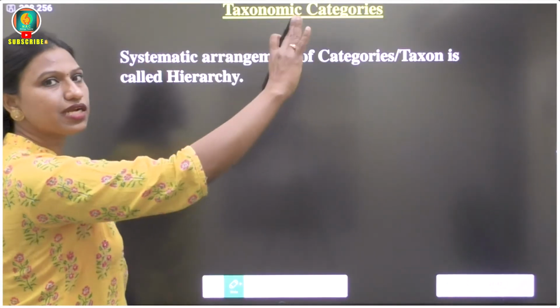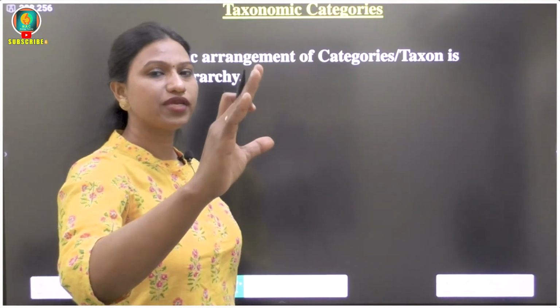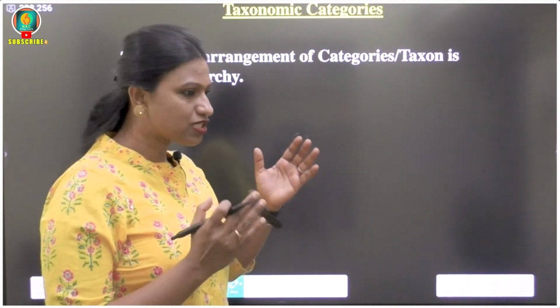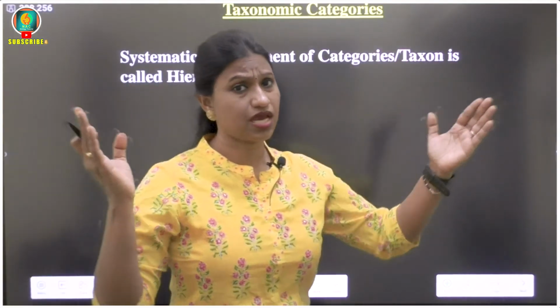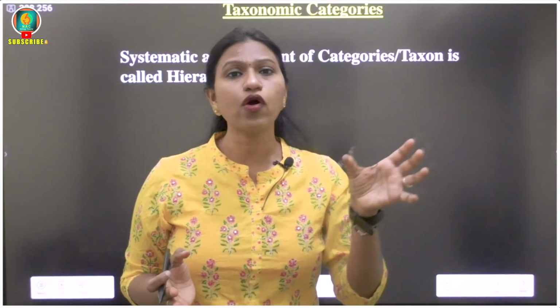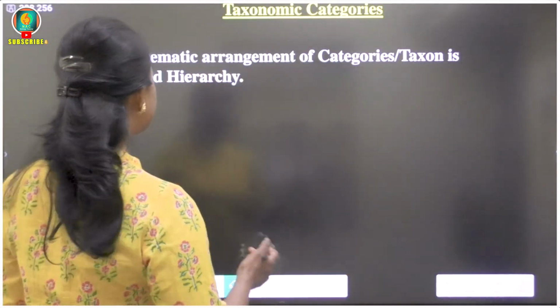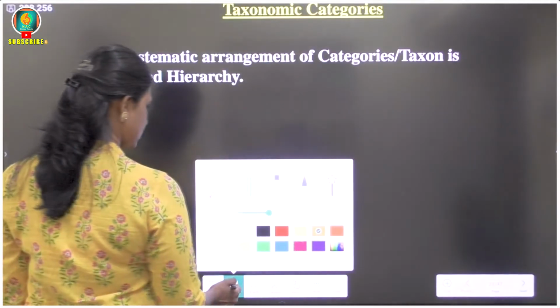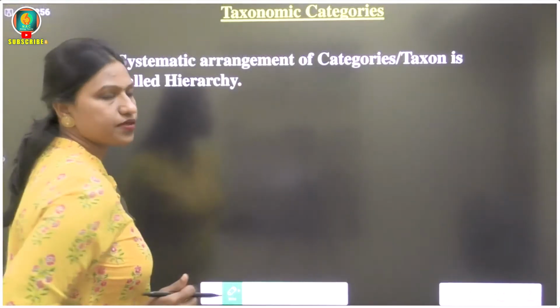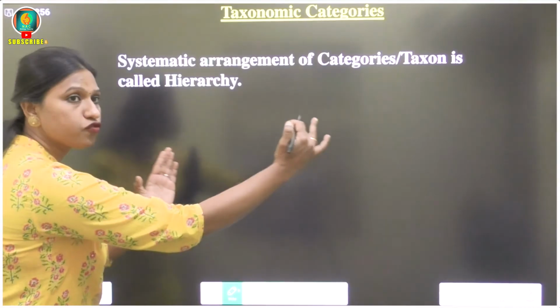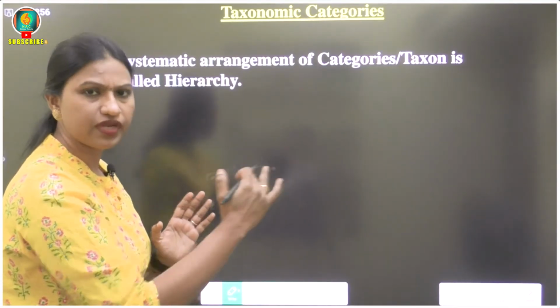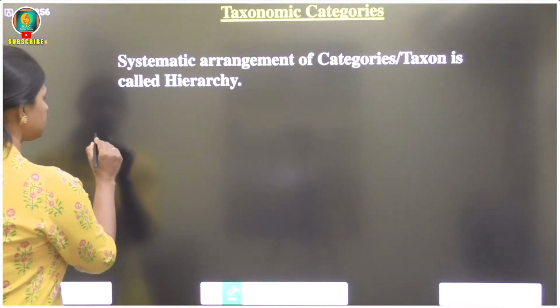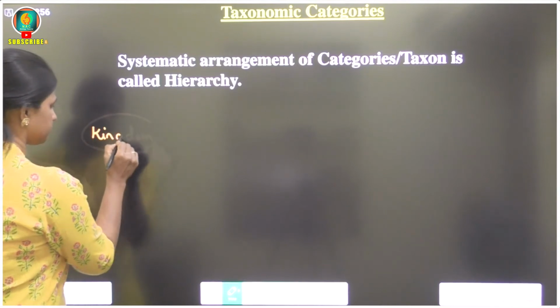First of all, let us understand what we mean by taxonomic categories. There are so many groups, which can be large or small, but that group we call a taxon. Let me write. For example, there are a few categories we have named with different words. Kingdom is a category.